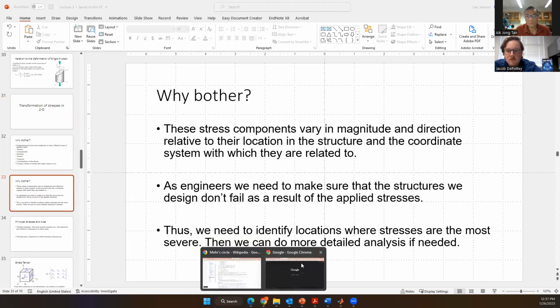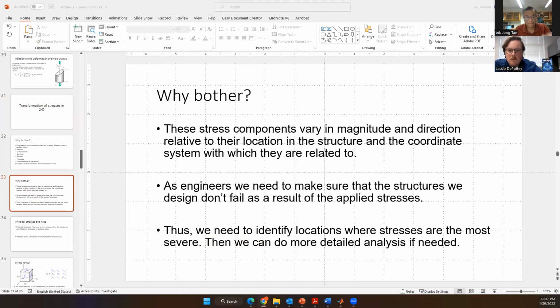We are in mechanical engineering and aerospace, so I would like to show one example. Five years ago, one of the planes crashed in Mexico.